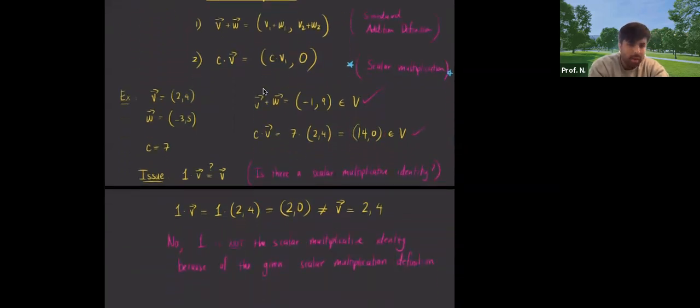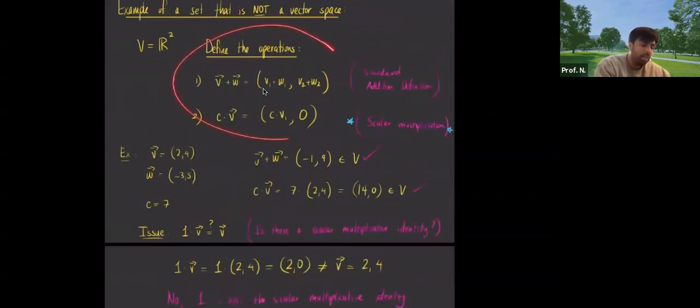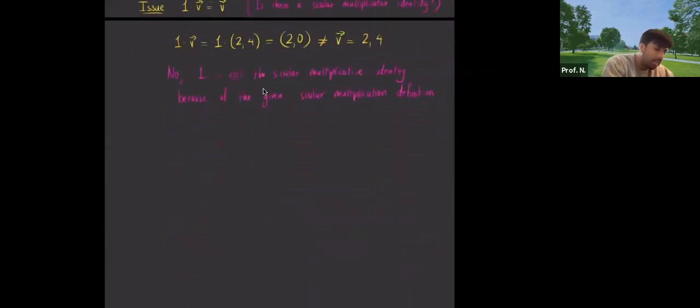Then we can try the other axioms. But the problem is that this last one doesn't result in the same vector again, as it should. So this vector set, with these operations, is not a vector space. The conclusion is that V is not a vector space.